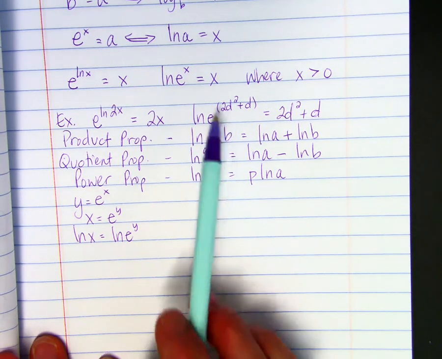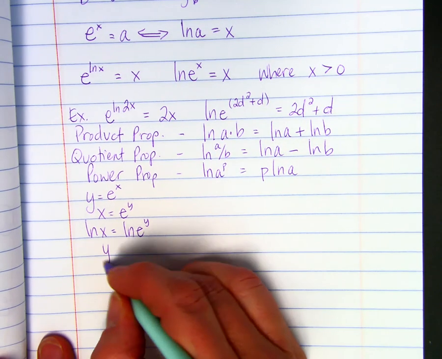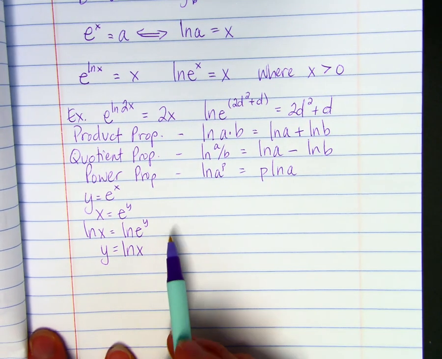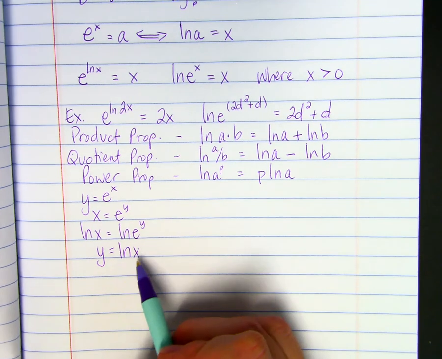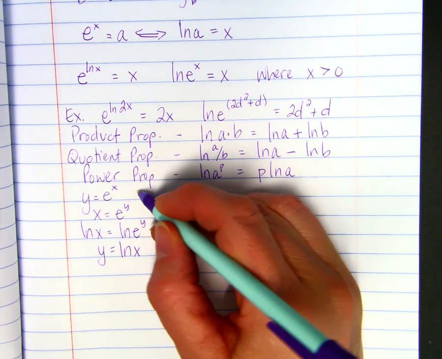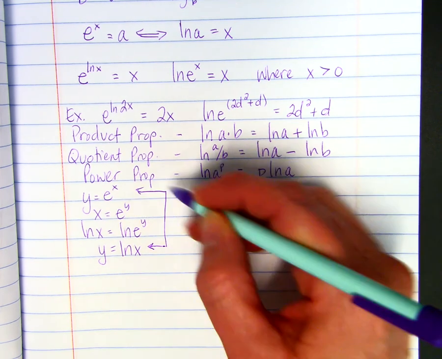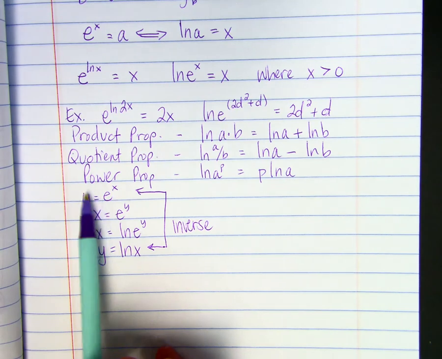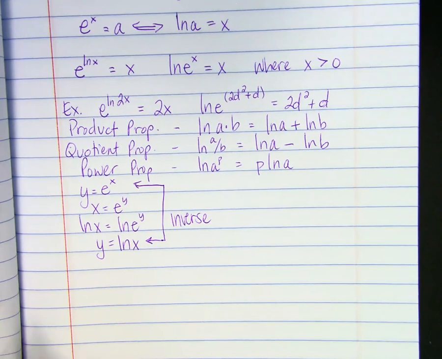Natural log of e to the y follows this rule, so it's just y. So y equals natural log of x. And I used the symmetric property and switched sides here on you. But these two functions right here are inverses of each other. So we started with y equals e to the x, we swapped the x and y and ended up with y equals natural log of x.